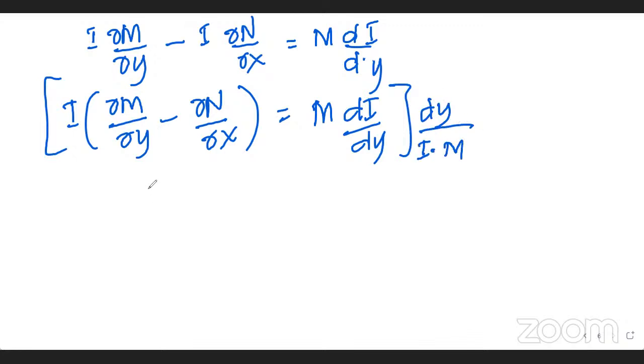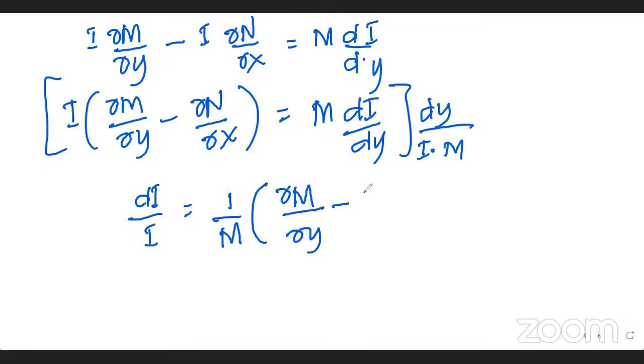So, this becomes dI over I equals, cancel si m. Sa kabilang side, interchange lang natin yung positions nila. So, we have 1 over m times the difference partial of m with respect to y minus partial of n with respect to x times dy.